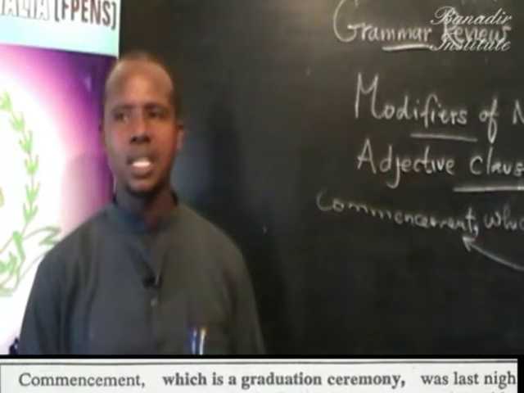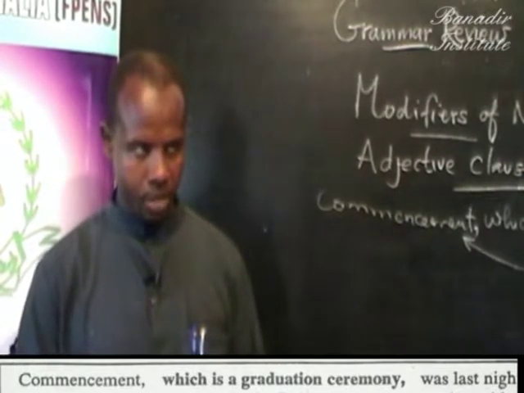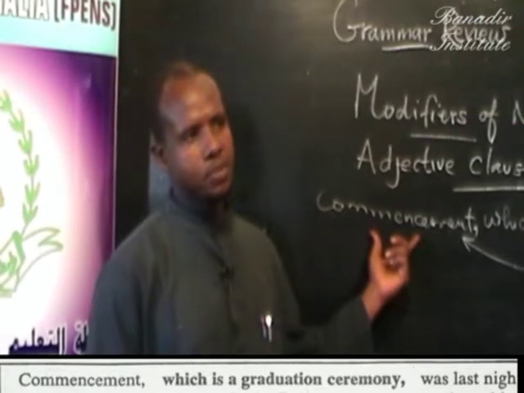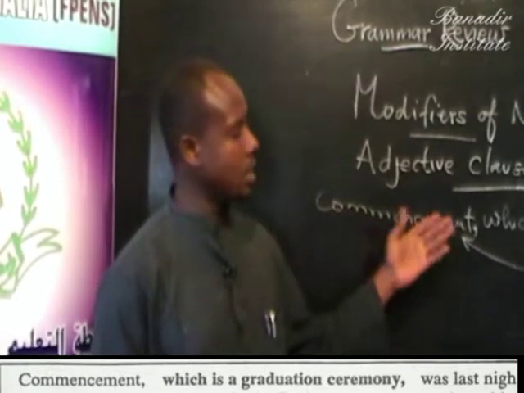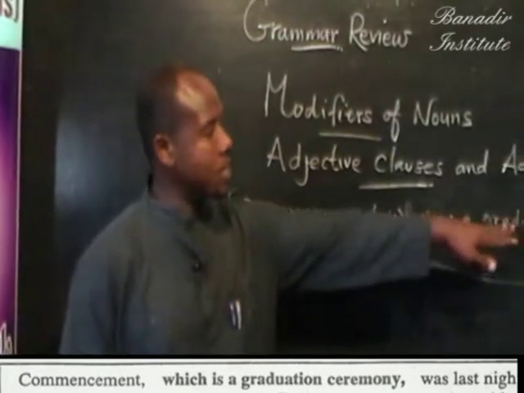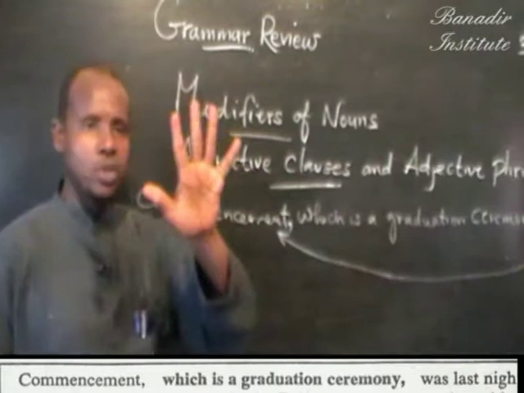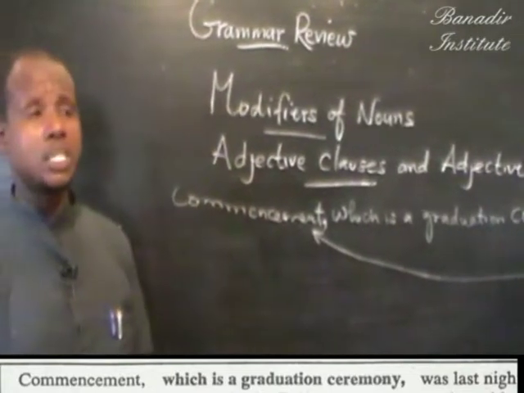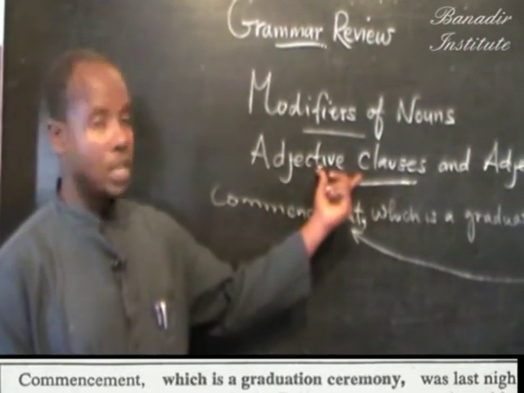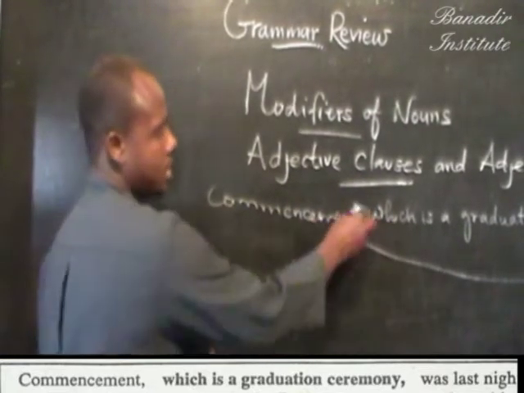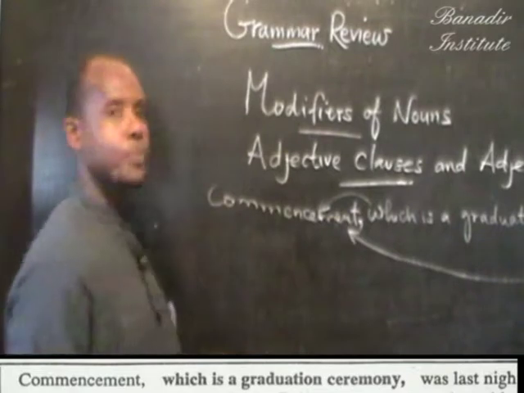Commencement was last night. What kind of commencement are we talking about? We are talking about a commencement which is a graduation ceremony. Here I have five words. These five words are an adjective clause that tells us something about the antecedent commencement.